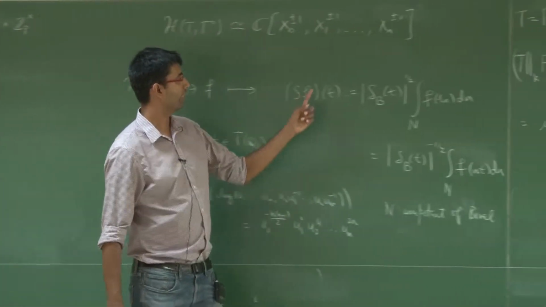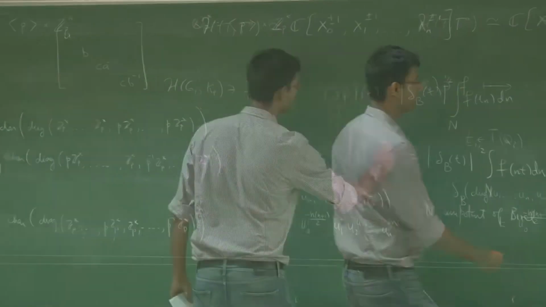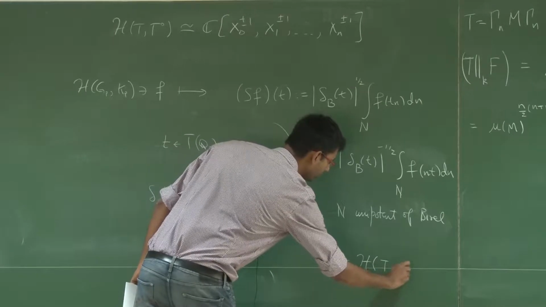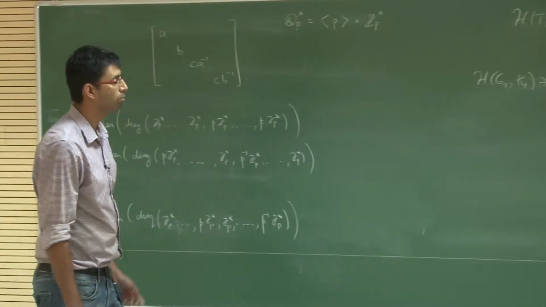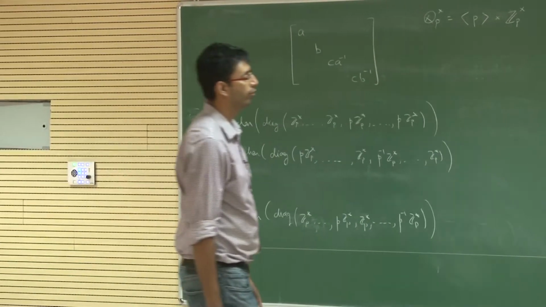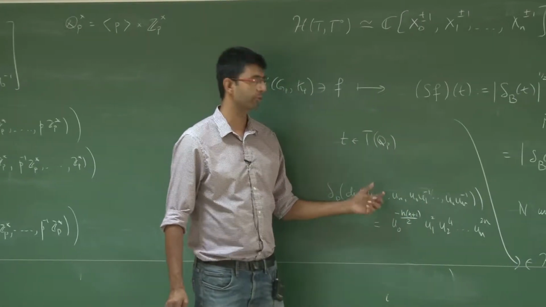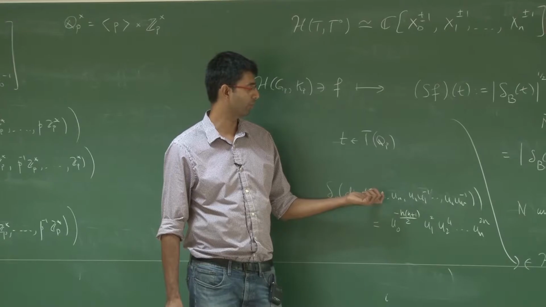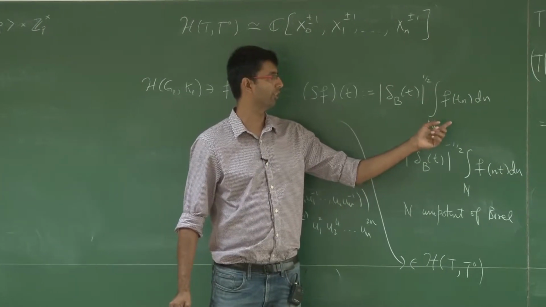Not only is this guy inside this space, so this is inside H(T, T0), there is some more invariance going on. If I took a t and t is something like this, and I just permuted the u1 to un, the permutation corresponds to some Weyl group element acting. You can see that you can do an appropriate change of variable.